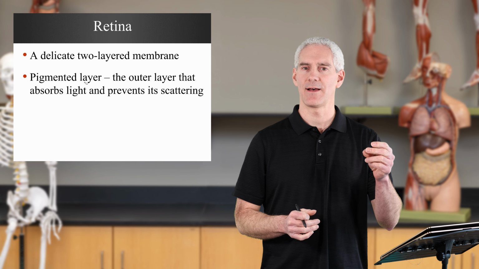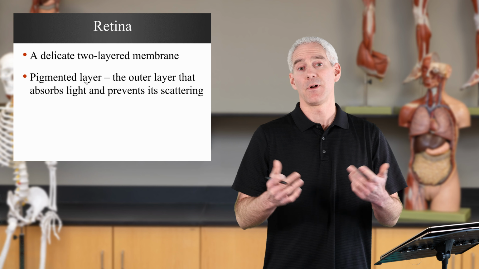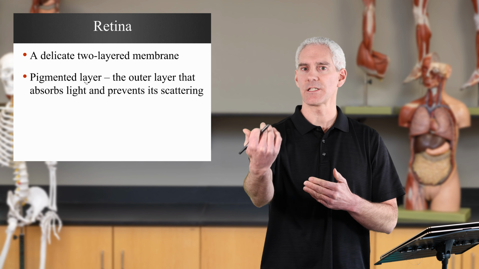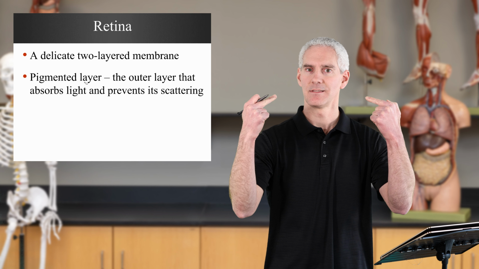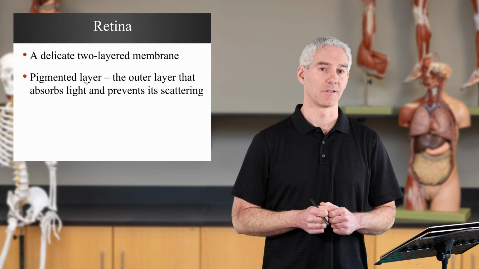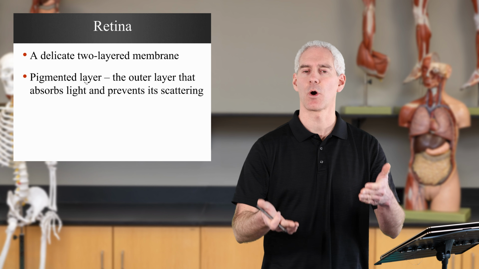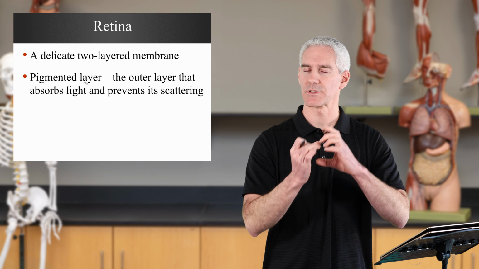That's why some cameras will have that little pre-flash, that little stutter flash, and then a real flash. But if you want to get away from it, simply make sure that the light source isn't directly in the eye. If it's off the sides coming in, it can't bounce back out again. So this pigmented layer, 99% of the time, absorbs all the light because the iris controls how much light is coming in.